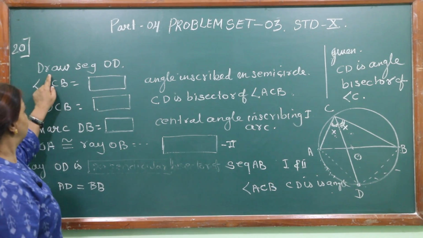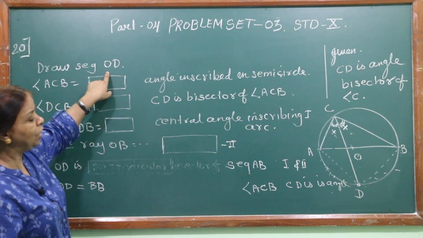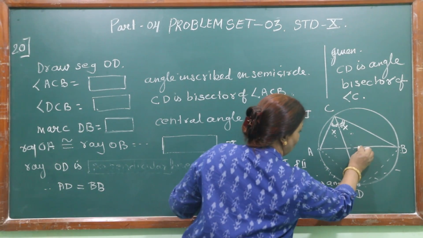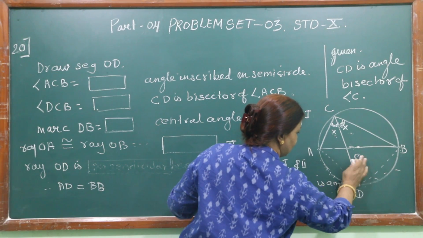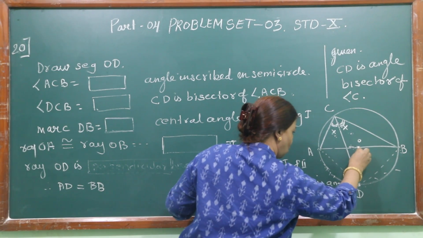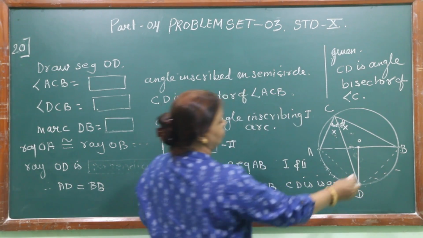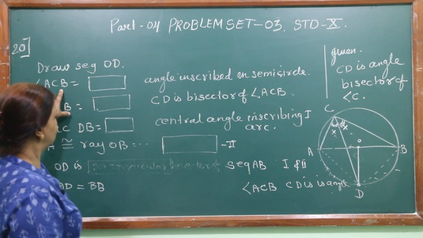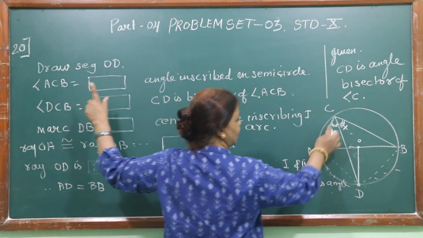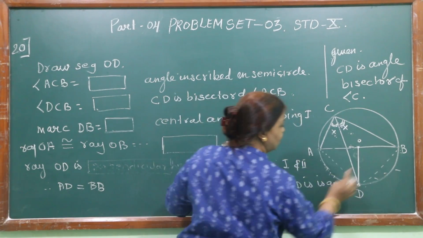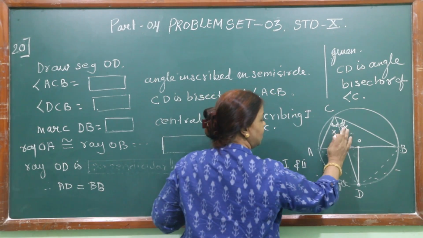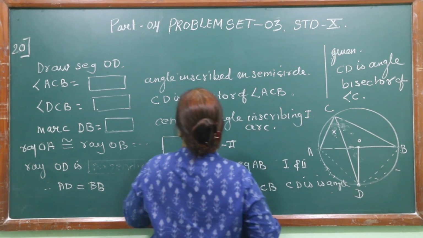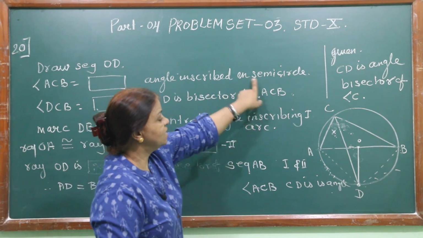Now look at this. We have to draw segment OD. O is the center of the circle and we have to draw OD. Clear, drawn. Fine. Angle ACB, see, AB is a diameter. It is inscribed in a semicircle.